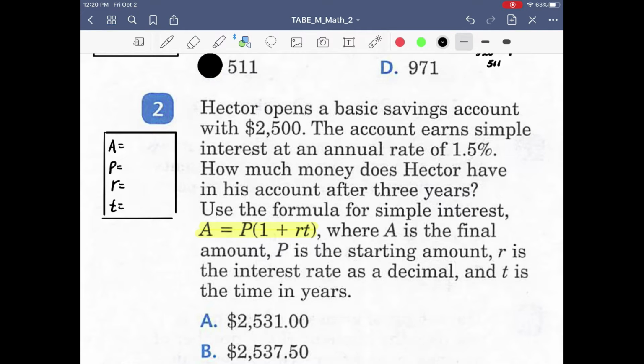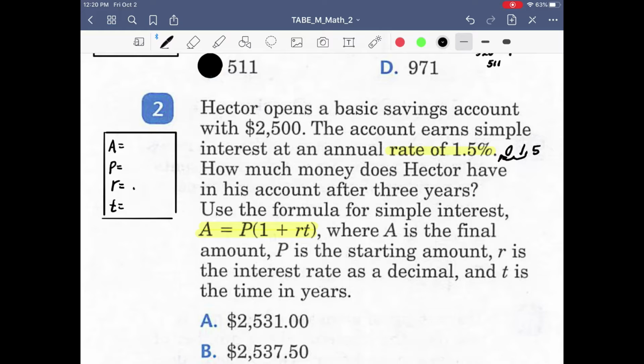Okay, so let's go back through the problem. There is an annual rate of 1.5% as a decimal. Remember, if you're turning a percent to a decimal, you have to move the decimal 2 places to the left.